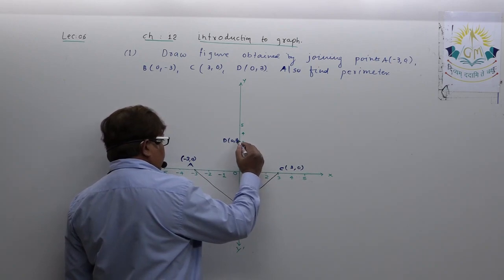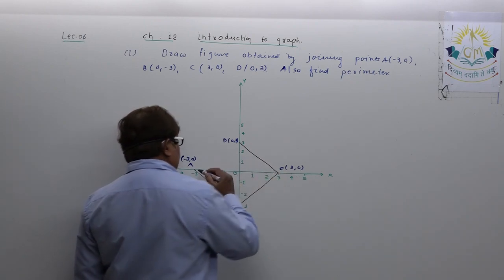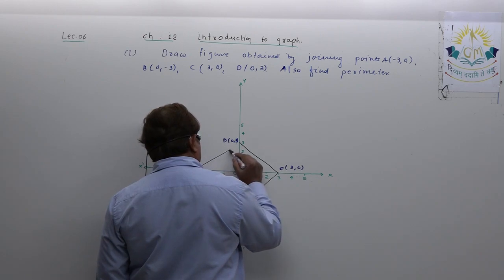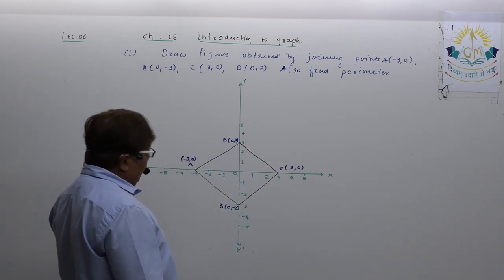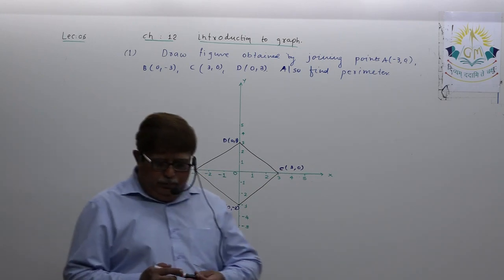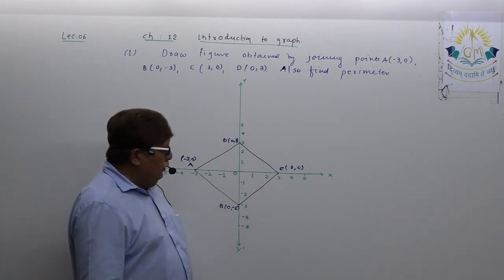Then C to D in order. And then D to A in order. The 4 points in order. Understood?